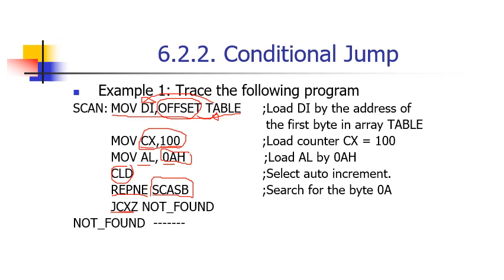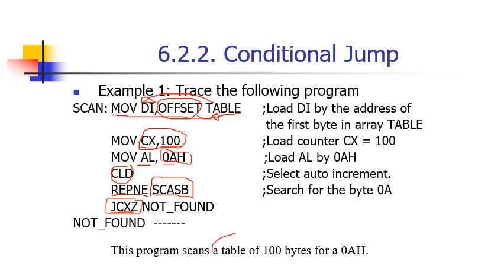Jump if CX is 0, this is what this instruction means. It tells your program to jump to a label saying not found. We did not find a 0A value within these 100 elements. Good. So this program scans a table of 100 bytes for a value of 0A.